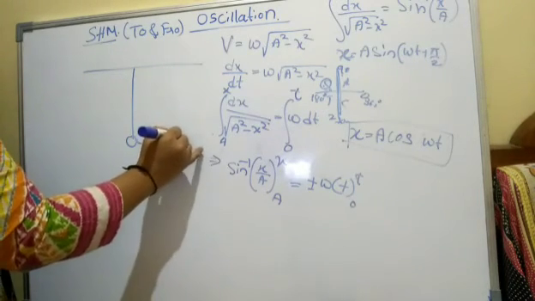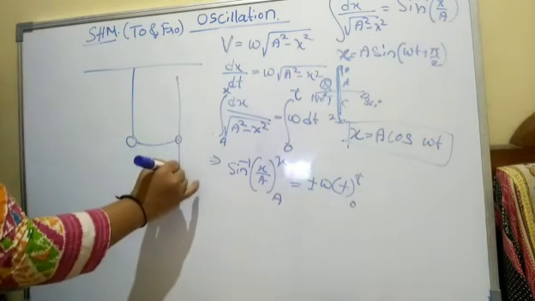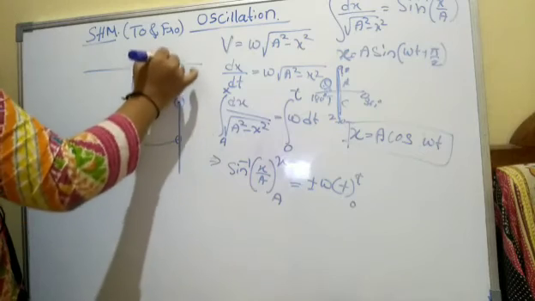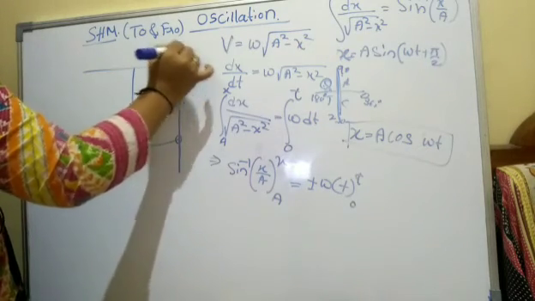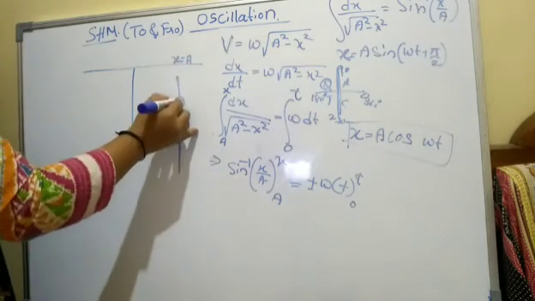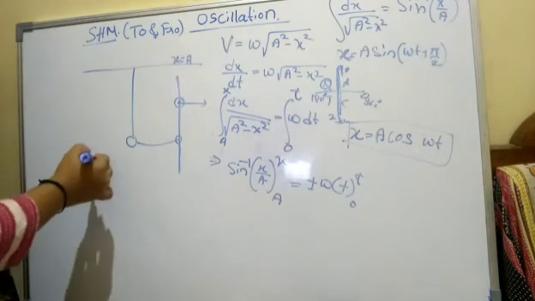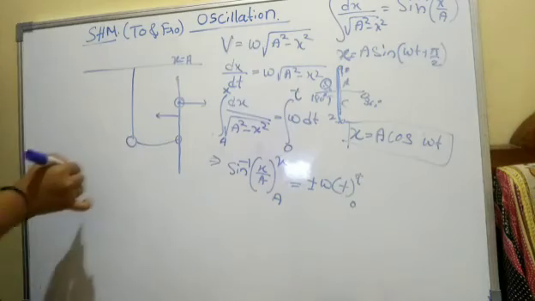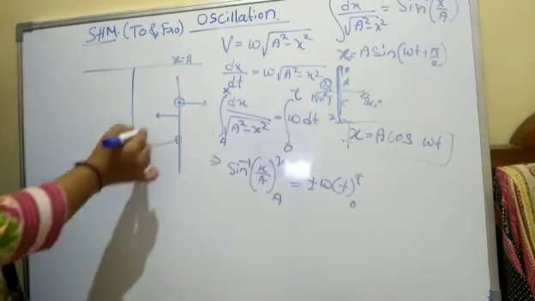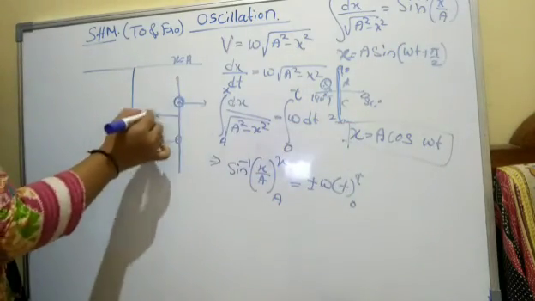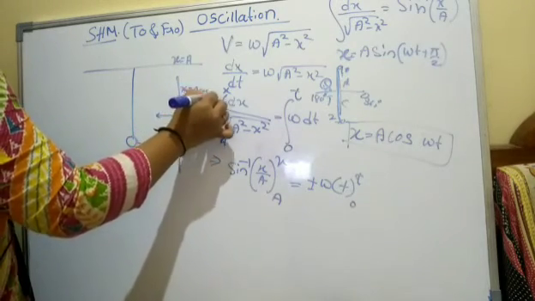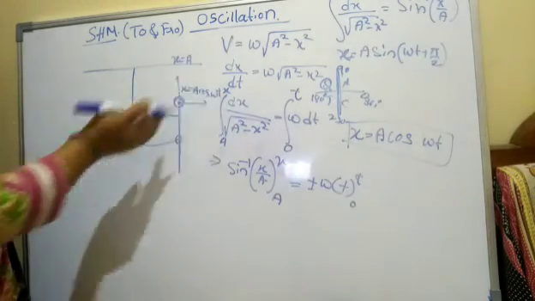Its extreme position is this one. So we have taken the particle here where its position x is equal to a here. I have shown it is moving a certain distance here and it may move a certain distance here. We got the expression here: when the particle is at the extreme position, x is equal to a cos omega t here when it is moving in this direction.